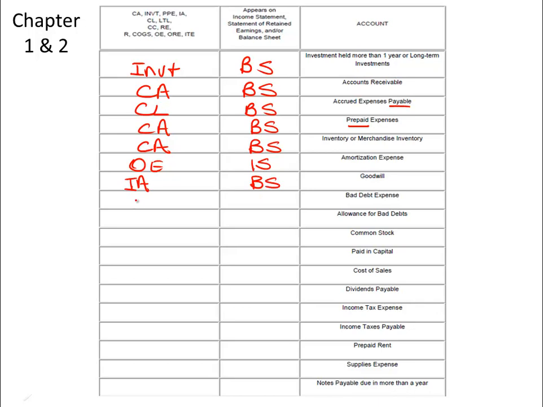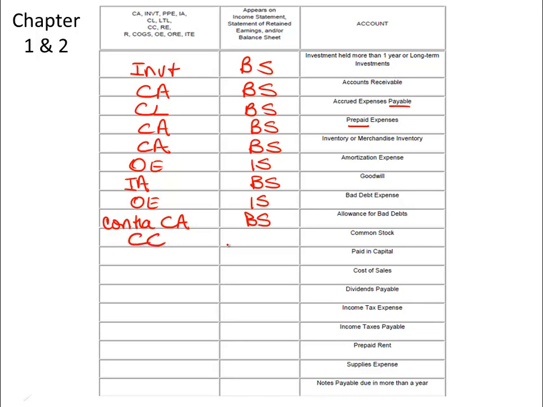Bad debt expense is an operating expense, so it's on the income statement, whereas allowance for bad debts is a contra current asset, and what it is, it's an estimate of the customers we think are not going to pay us this year. So since it's a contra current asset, it's on the balance sheet.